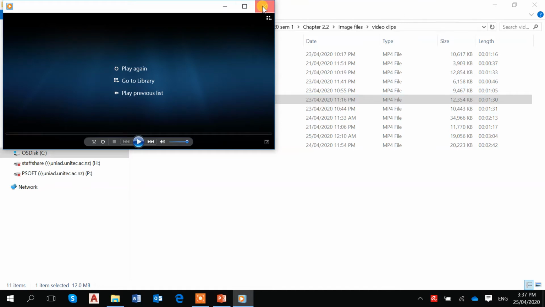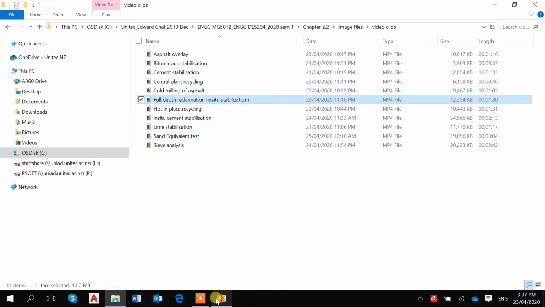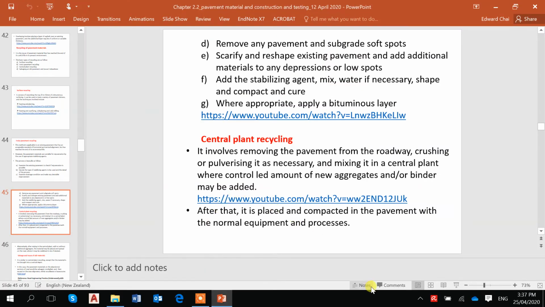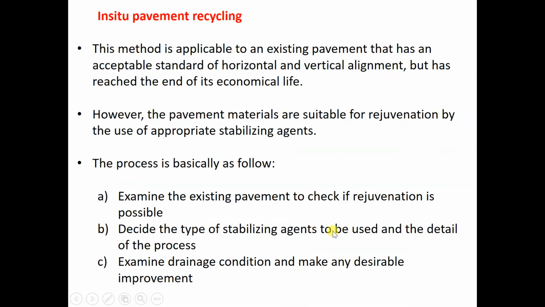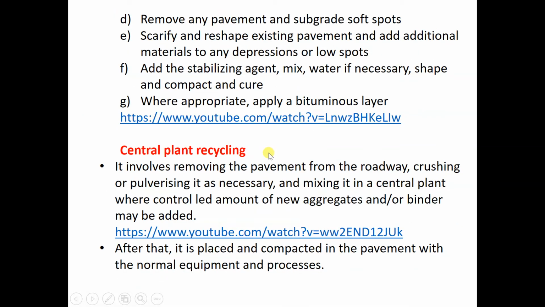Okay, so this in situ stabilization. Actually, just now we saw in the short video clip that it used two types of binder.